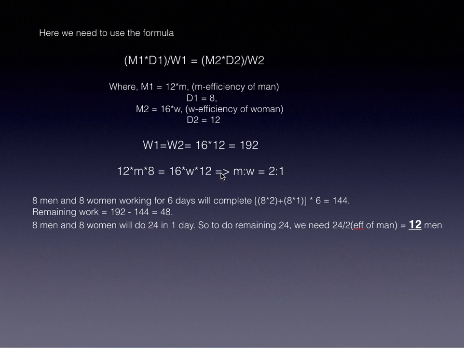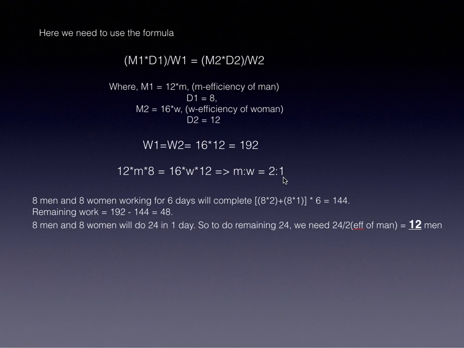Therefore, 12 into m into 8 is equal to 16 into w into 12, which gives the ratio that m is to w is equal to 2 is to 1.